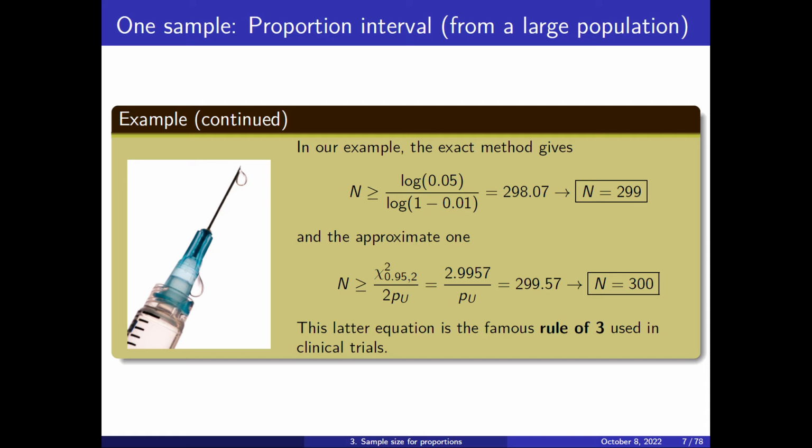There is a rule in epidemiology that says that if you want to study a process that has an upper bound of, let's say, 1%, you should study at least 3 divided by the upper bound, which gives you around 300. The exact method gives 299, so we see that this approximation is pretty good.